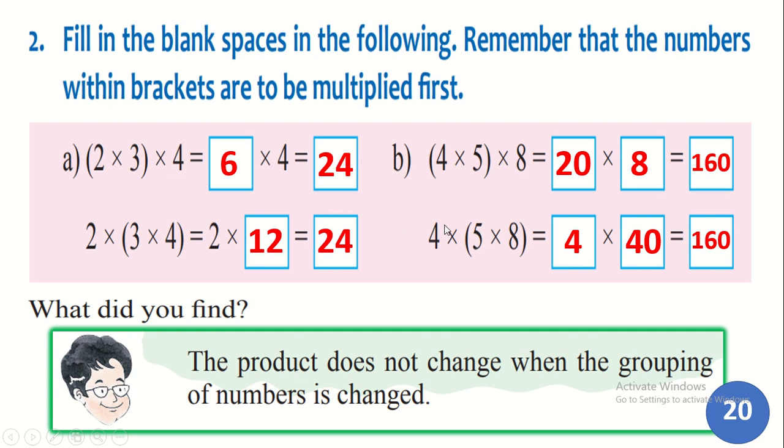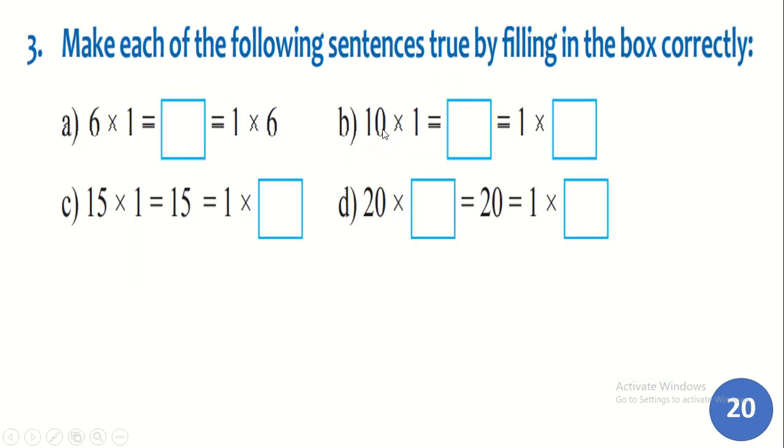Correct, students? 4 times 5, the first group here, and you change the group here to 5 times 8, but the answer is the same. That's why the product does not change when the grouping of numbers is changed. Okay? Next is number 3.